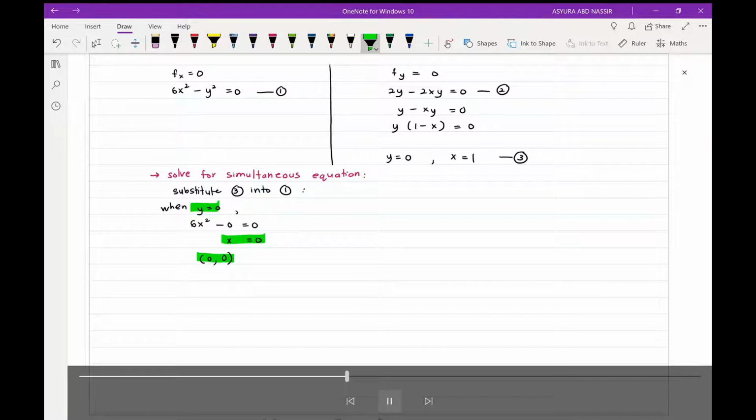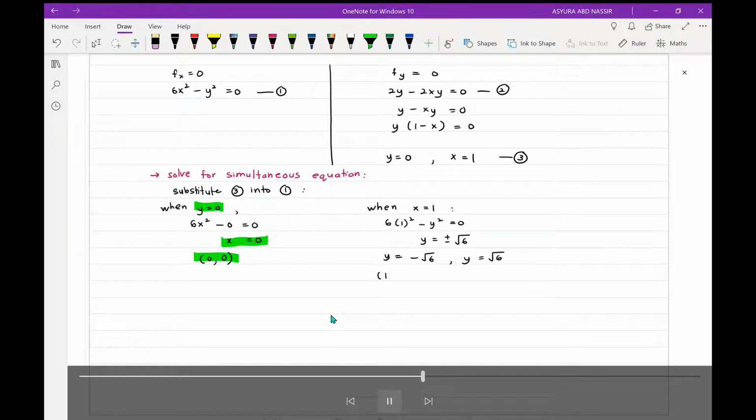Next, when x equals to 1, substitute into your first equation. You have 6 minus y squared equals to 0. When you simplify, you get y is plus or minus square root of 6. So now we have y equals to negative square root 6 and y equals to square root 6. Make sure you write in the form of points because we want to find the critical points. So we will have 2 points here.